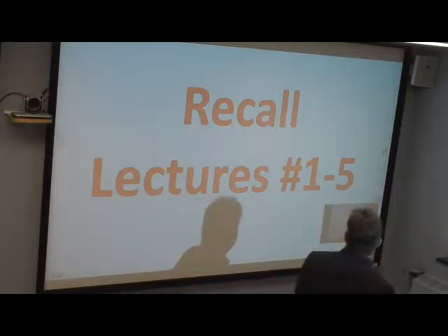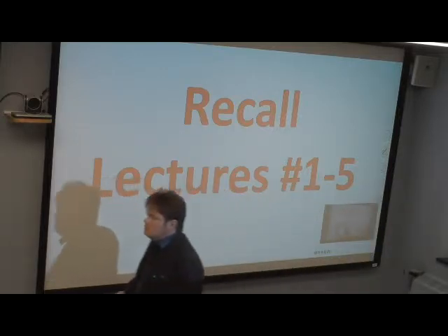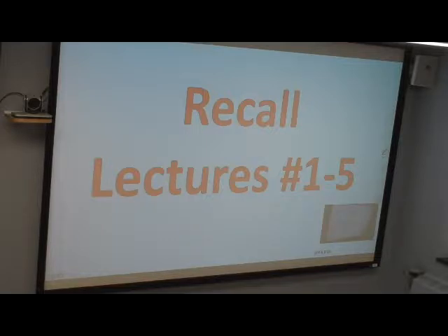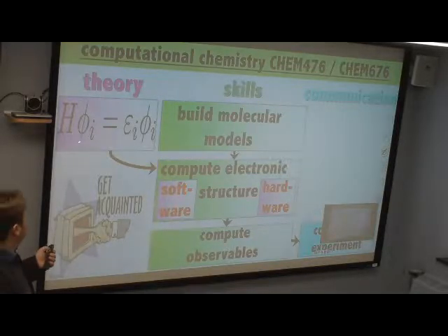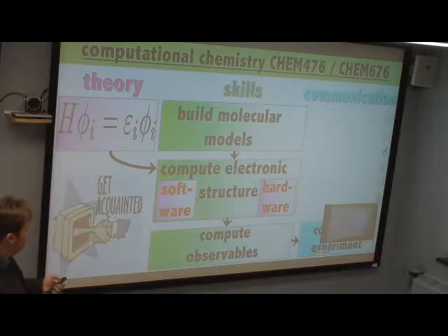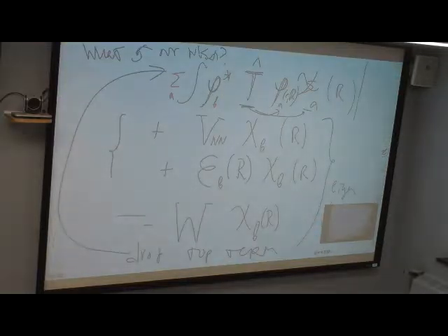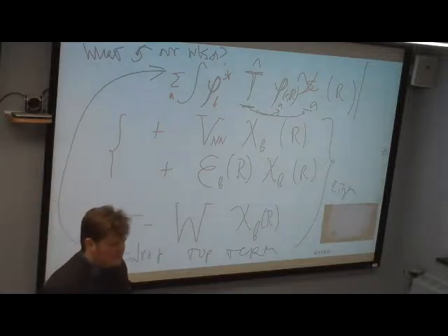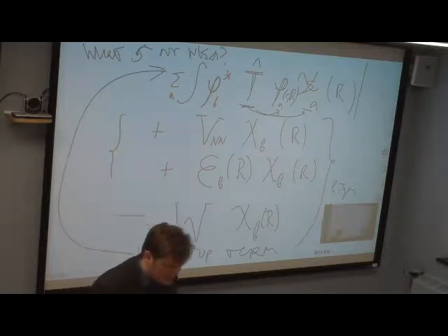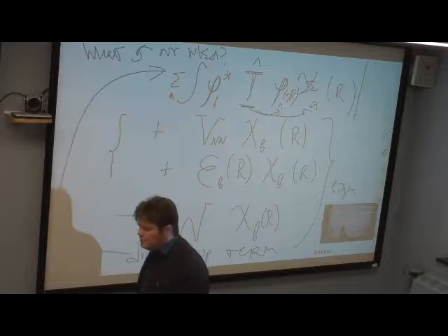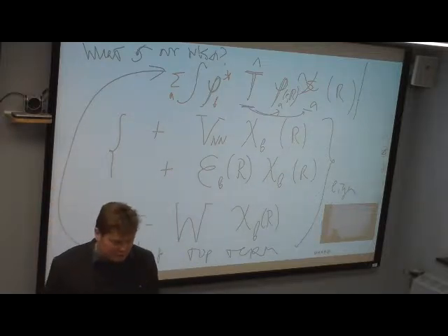So what we did before, we are going over the theories behind the software that allows to compute the properties for certain structures. And we did formulate the molecular Schrödinger equation and realized that it is too big for any modern computation, right?